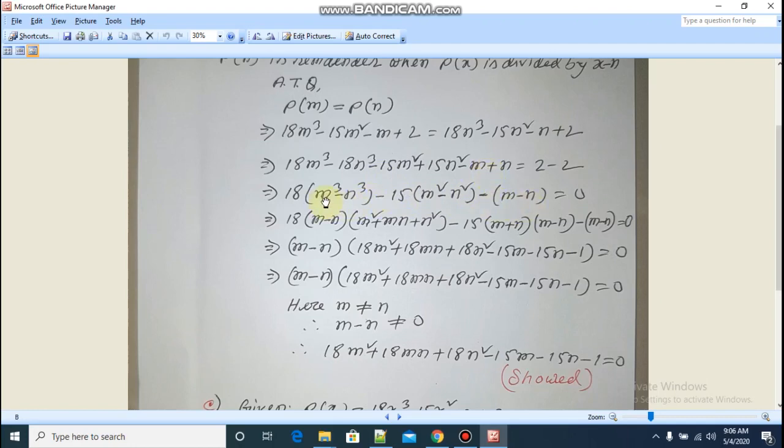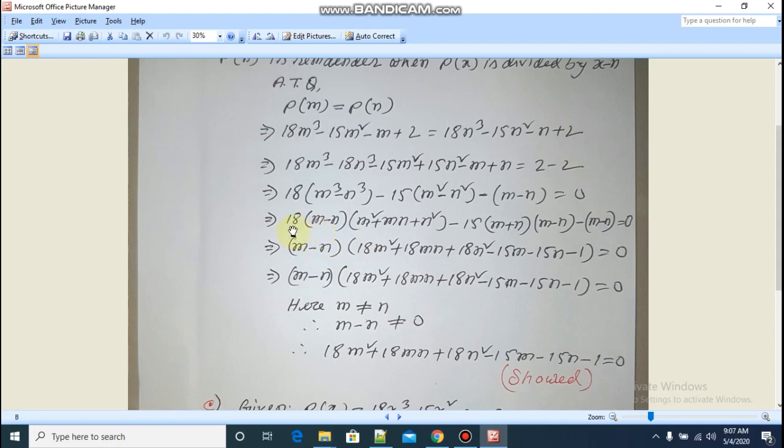There are three terms: first term, second term, third term. The formula for m cubed minus n cubed is this, for m squared minus n squared is this, then minus m minus n. In all three terms, m minus n is common. We take m minus n as the common factor.